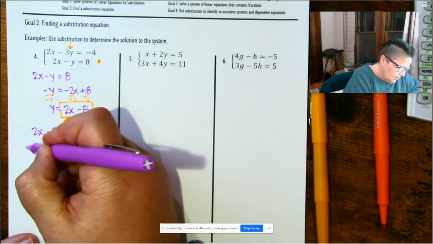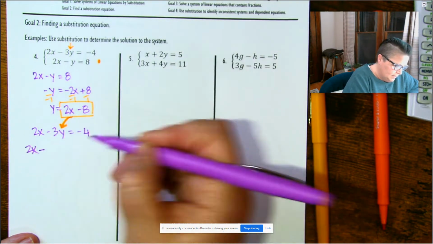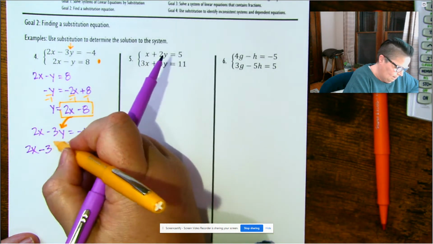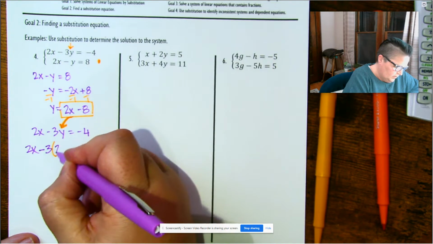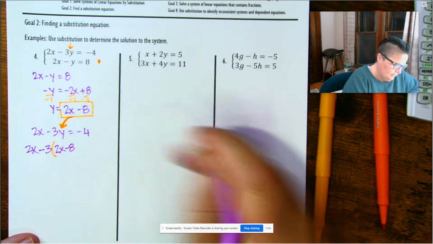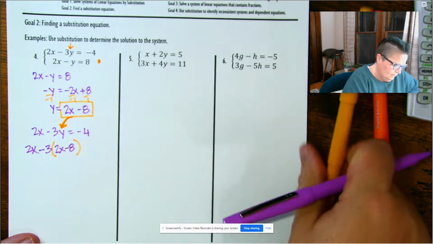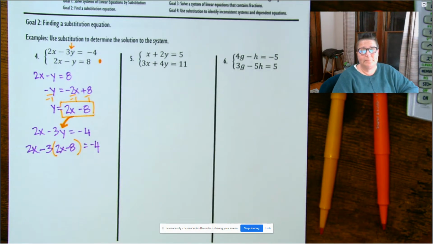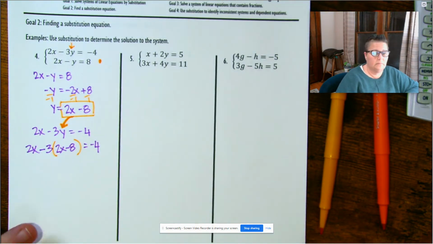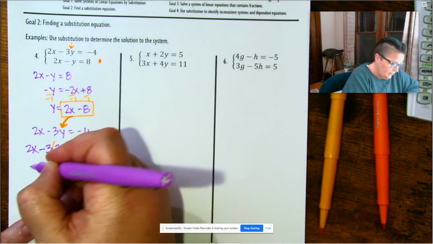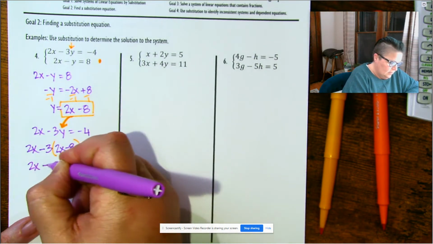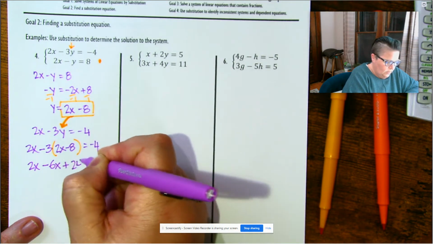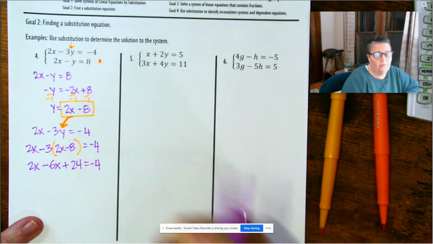So that's going to give me 2x minus 3. It's only going in for the y. 2x minus 8 equals negative 4. Okay? So that's going to give me 2x minus 6x plus 24 is equal to negative 4.